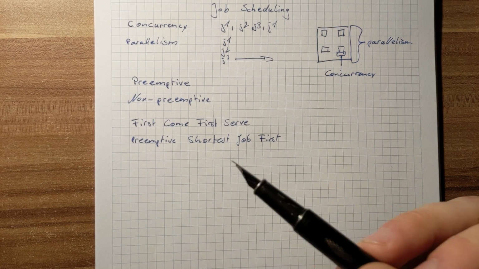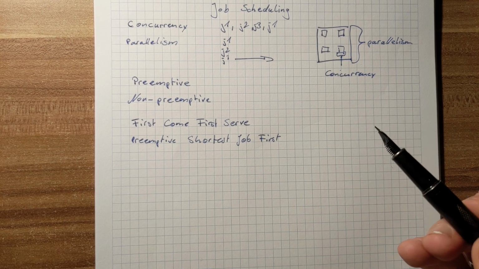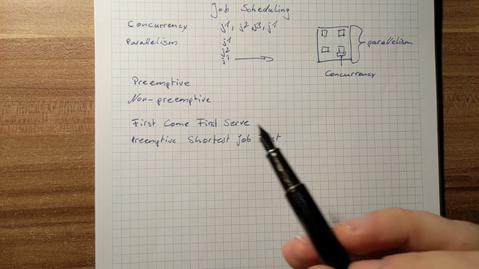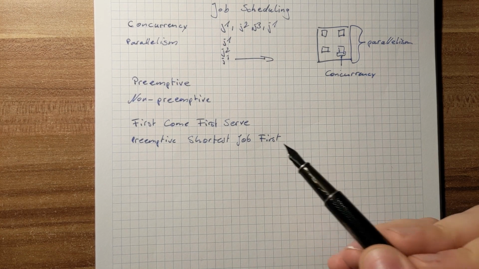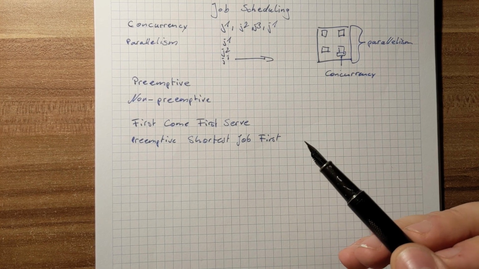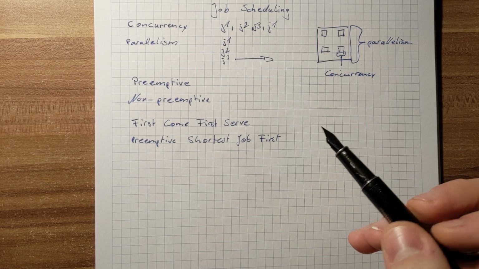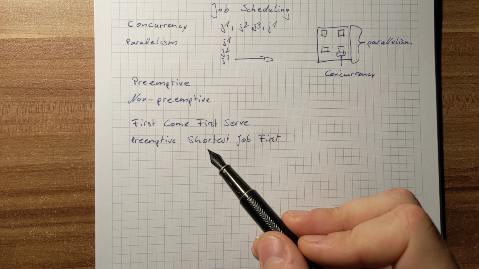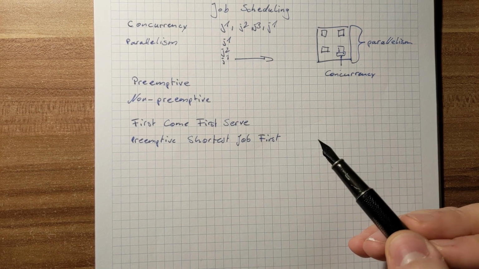So if there's only one task in the queue, this will, of course, be executed no matter how long it takes. But as soon as the second task comes into the queue, the system checks if the second task needs less time to be executed than the one that is already in execution. And if that is the case, the first one will be halted and the second one will be started.